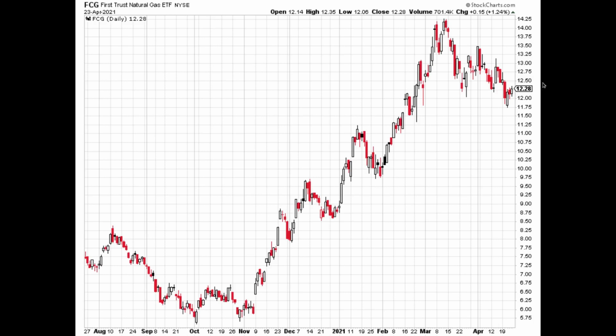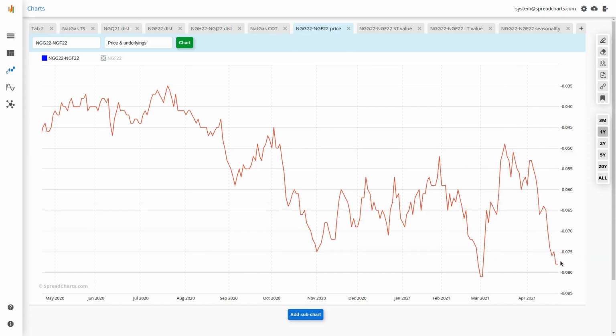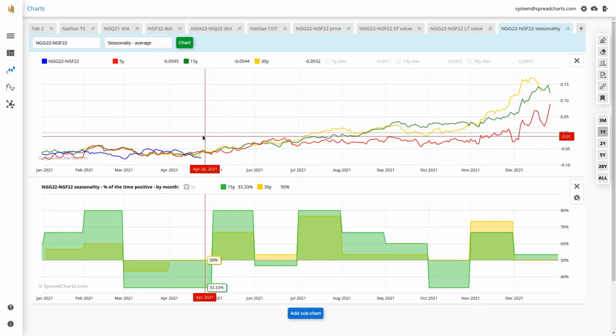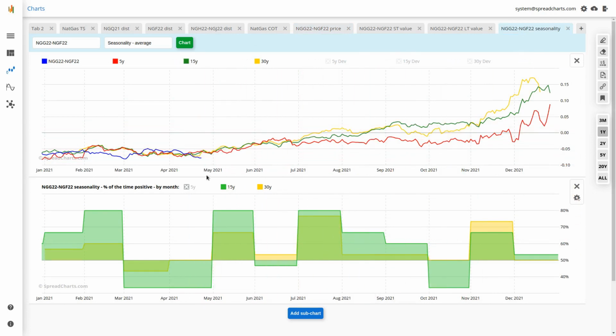I would start buying this ETF gradually, building and averaging in if the price goes down, and I would be hedging my exposure with this spread, because as you saw, the upcoming period is favorable for this spread, and it can serve as a great hedge.